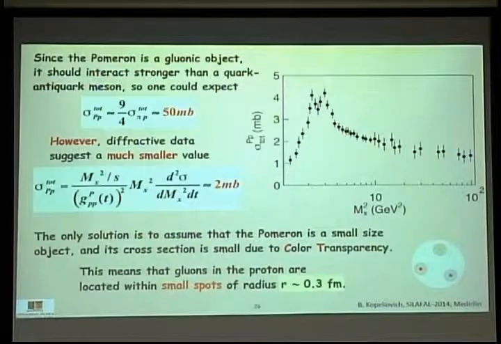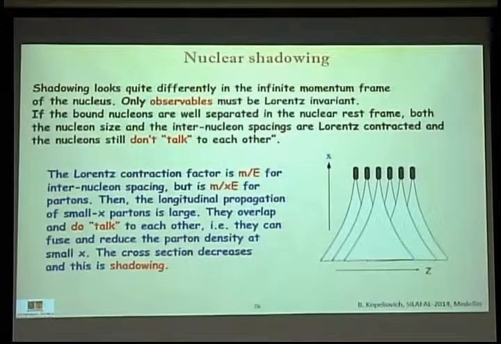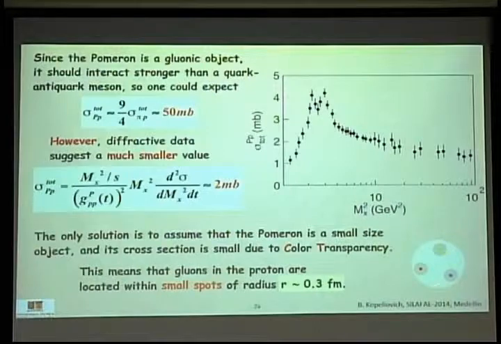So this means if we look at a snapshot of a highly energetic photon, you see 3 valence quarks and not gluonic field spread all over the proton. It's located in some spots of small size, so we have 2 scales inside the proton. A big scale, which is the confinement radius, and a much smaller size, which fitted to diffractive data should be about 0.3 Fermi.